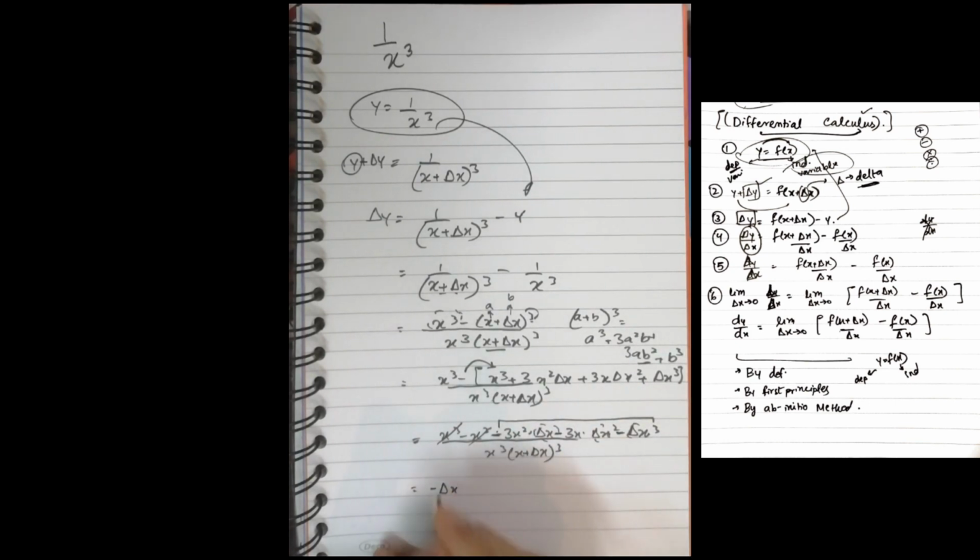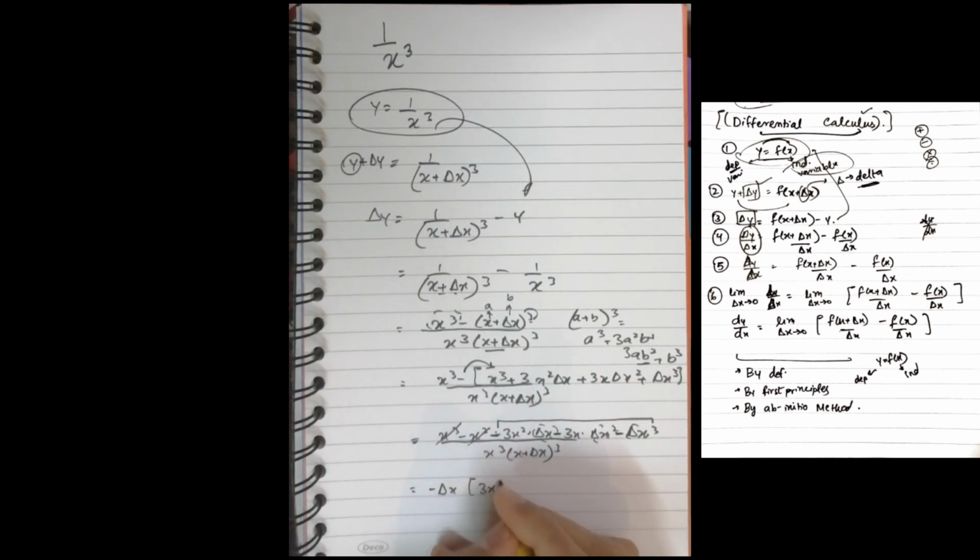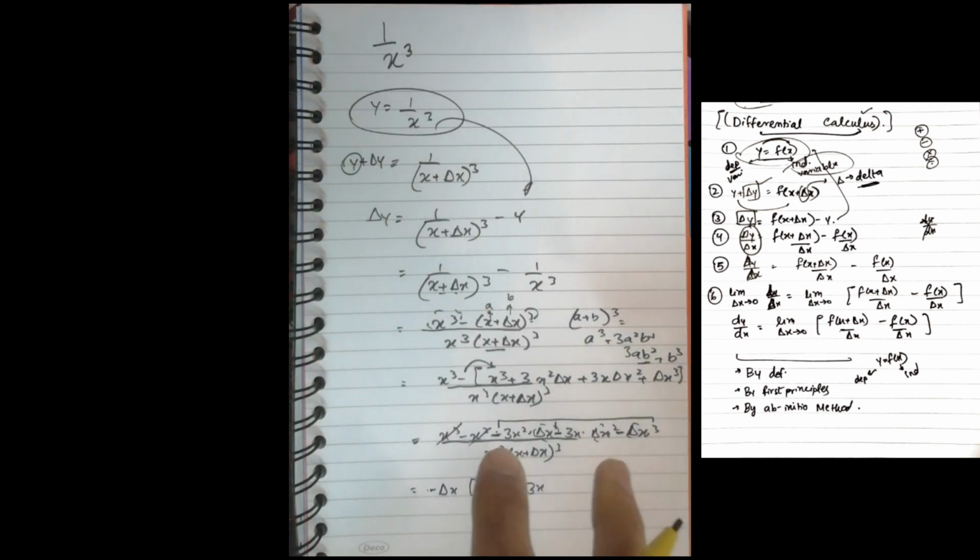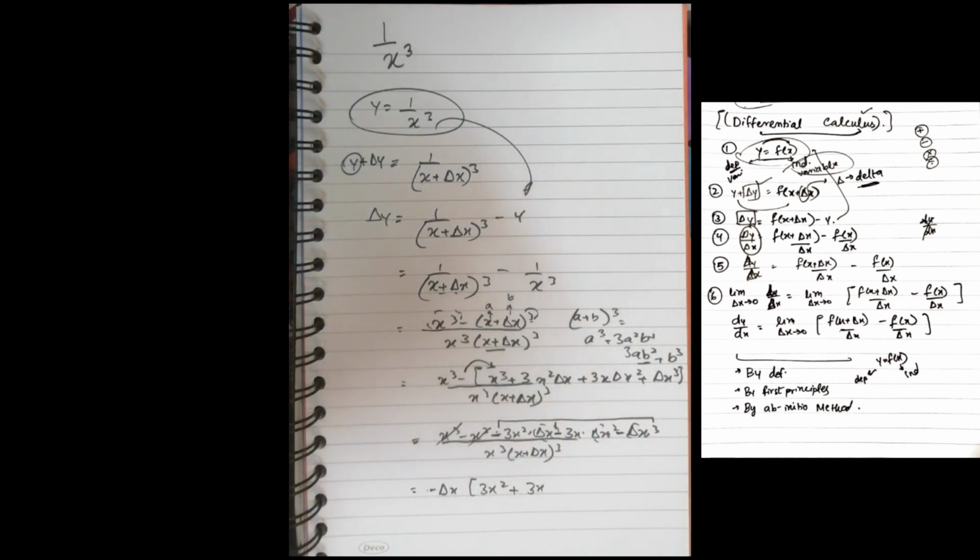So I'm also going to take the negative sign common, and what I'm going to get is 3x square. As you know, there's only one power of delta x present over here. Now plus, because you know that there's negative, negative, positive, then 3x, and there are 2 powers of delta x, right? We have taken out only one power because we have to factor out the term present in the least power form.